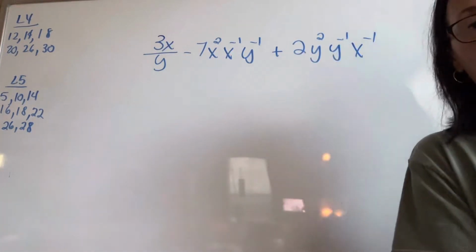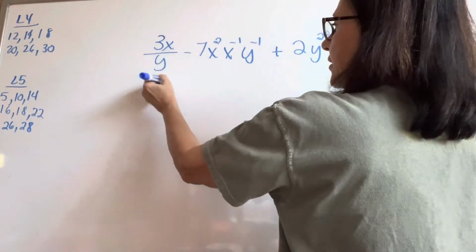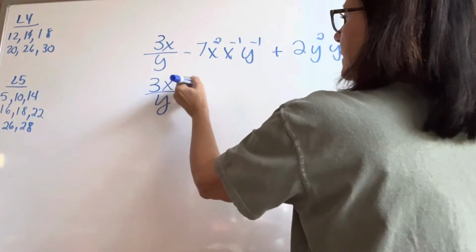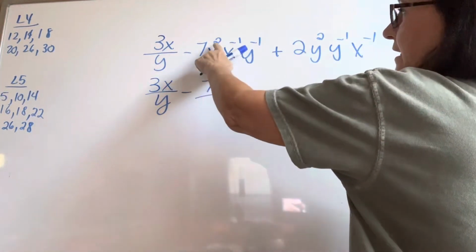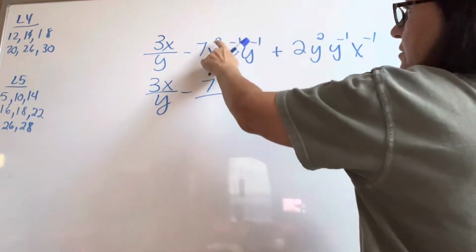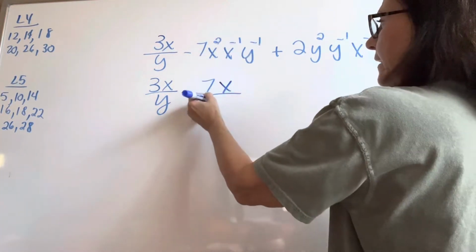All right, so we're going to make all of our exponents positive first. I don't need to do anything to the first term. The second term, x is going to stay in the numerator because it's 2 minus 1, which is just 1. We'll move y to the denominator.